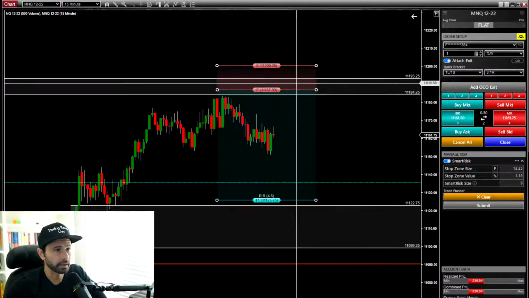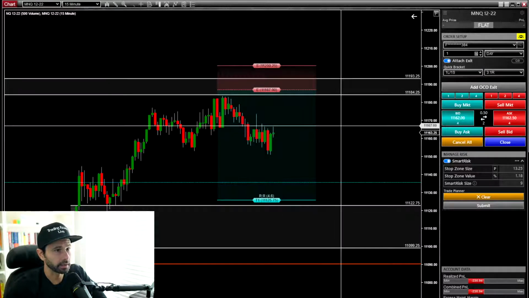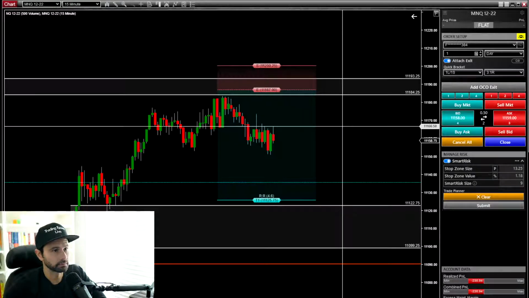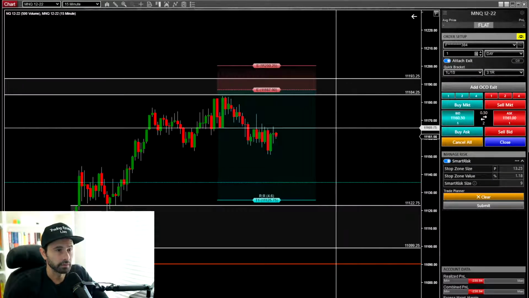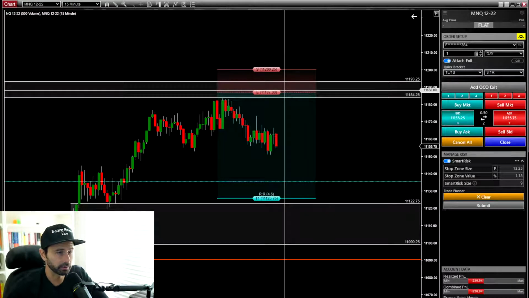I need this area, and I need the tick chart not to make a new high. It's what I call a tradable reaction, meaning it gets to a level and starts to reverse a little bit, even though the trend is up. I just go counter trend.